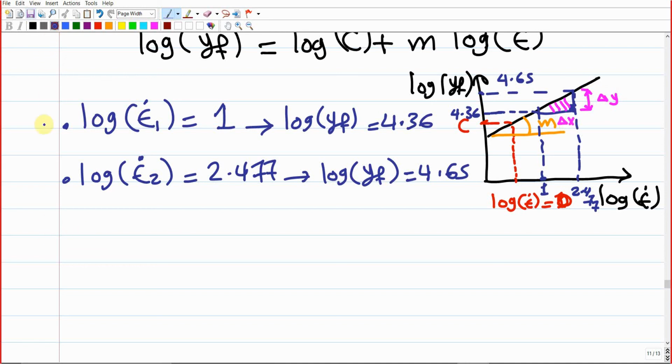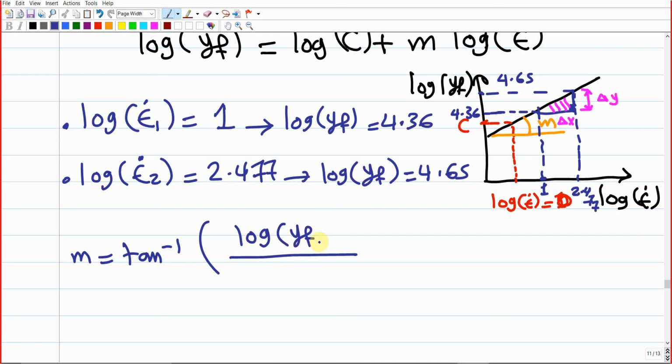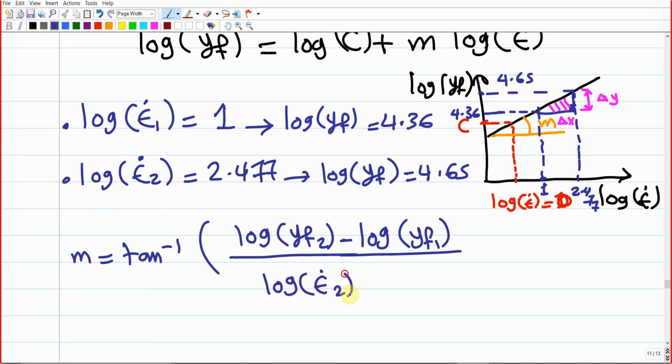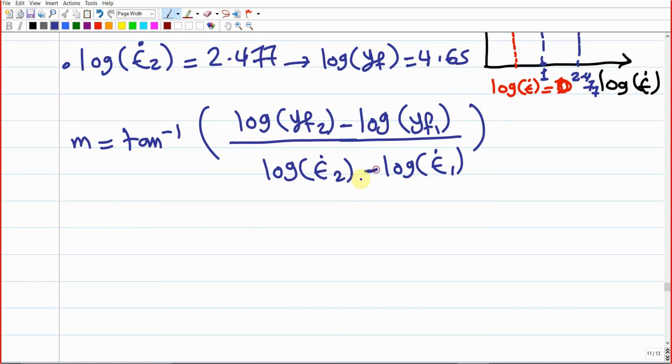So we can calculate M as the difference of the log of YF 2 minus the log of YF 1, divided by the log of epsilon 2 dot minus the log of epsilon 1 dot. Just the difference. I'm sorry, there is no tan inverse.